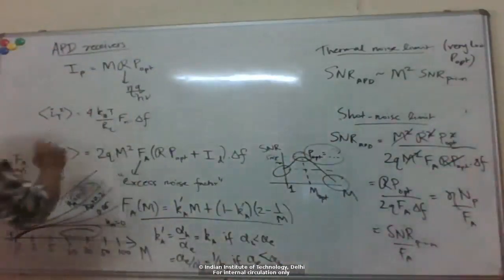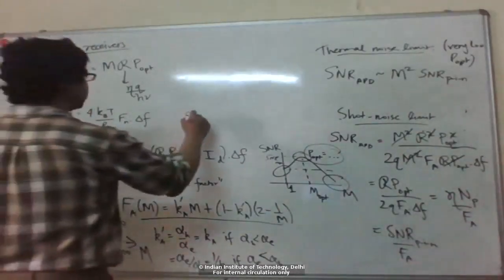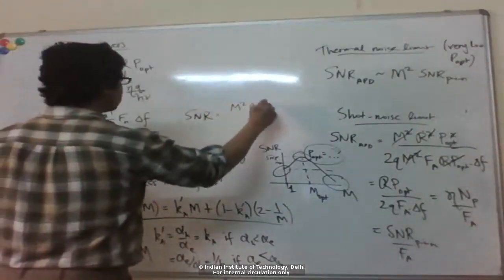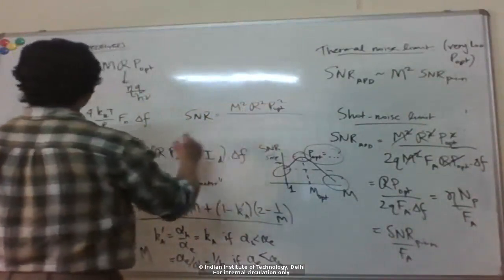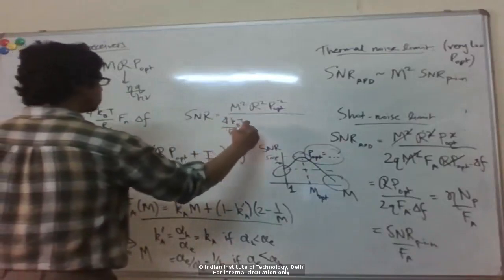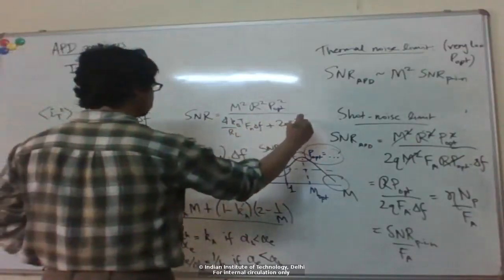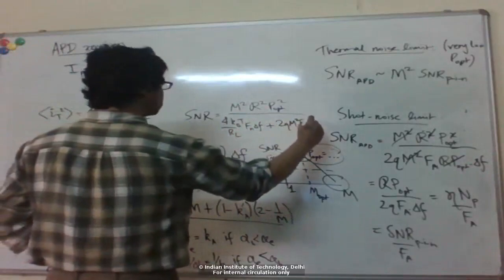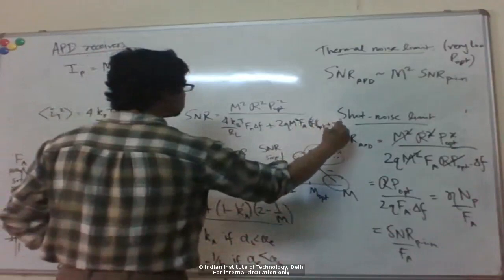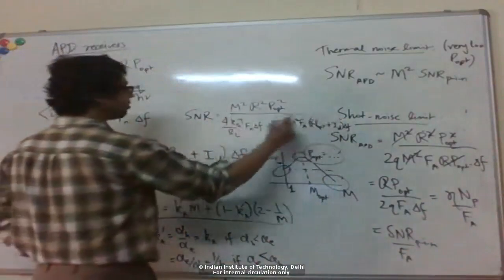Okay, so you take the entire expression then, right? So basically you take SNR, so m square R square P optical square divided by this plus this. Okay, so you can see that now this is some complicated function of F, m.